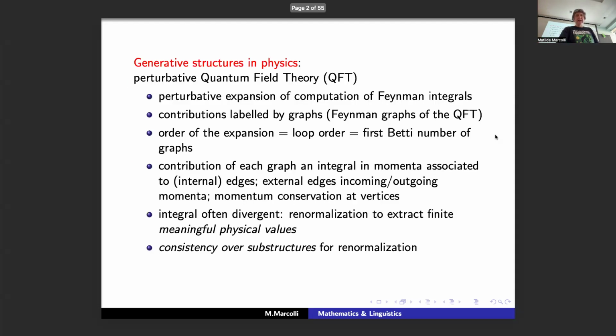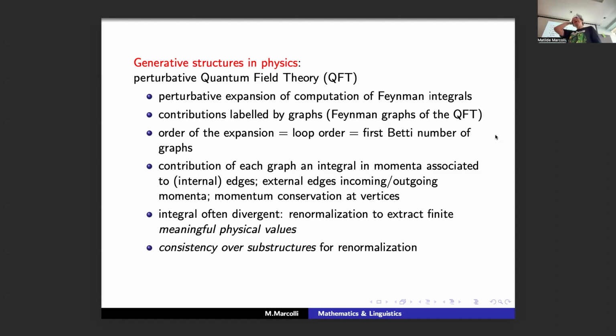So the context in physics, as I was saying at the end of last time, that has a similar structure to the one that we have been discussing is perturbative quantum field theory. Of course, quantum field theory is a really huge subject, and there are a lot of different angles from which one can think about it, and about the mathematical structures behind it.